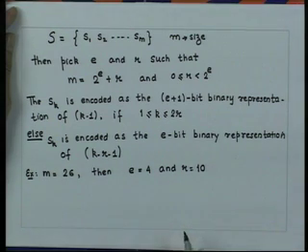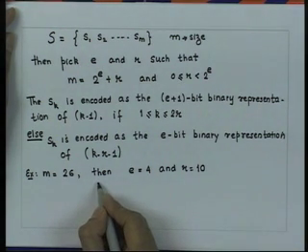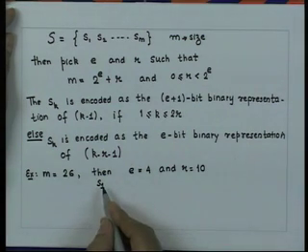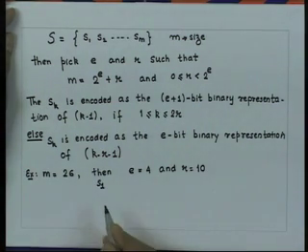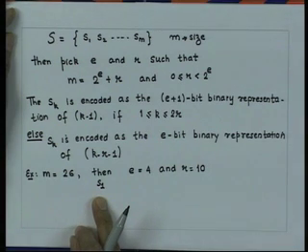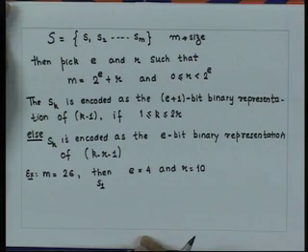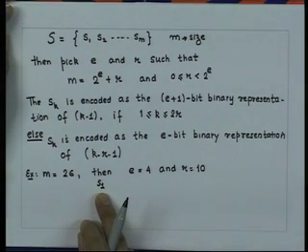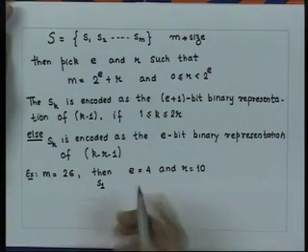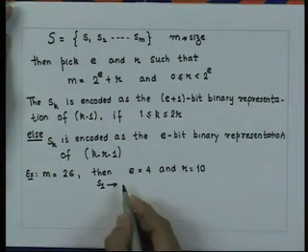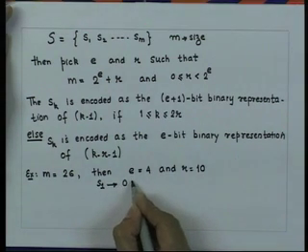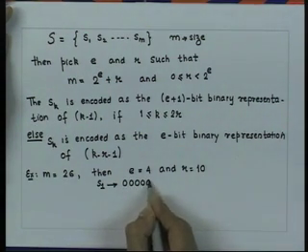Now, if I were to encode the letter S1, then since this is the first letter in the alphabet, k is equal to 1, and since R is equal to 10, 1 is less than 20, therefore 1 is encoded as 1 minus 1, that is 0, and the 5-digit representation of 0 would be as follows.